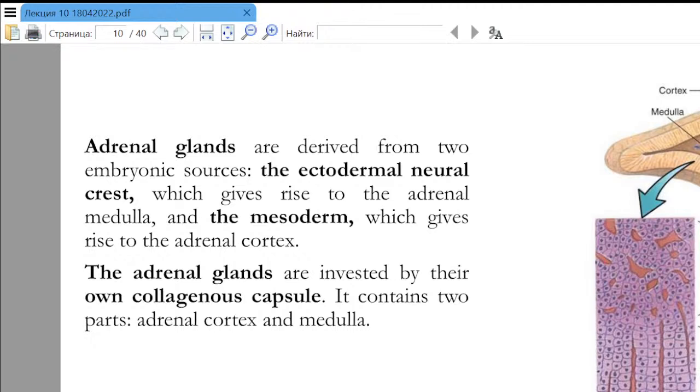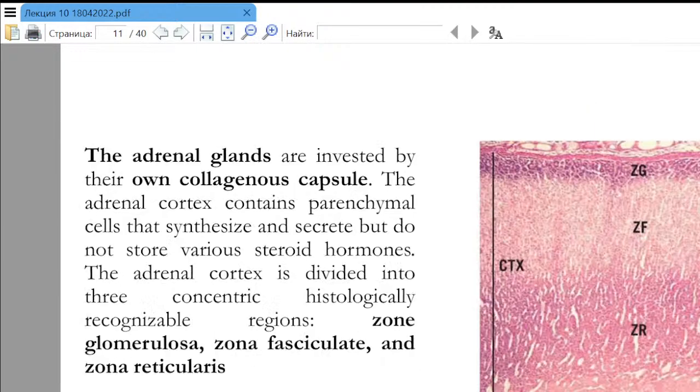You see the capsule. The adrenal cortex contains parenchymal cells that synthesize and secrete, but don't store, various steroid hormones.